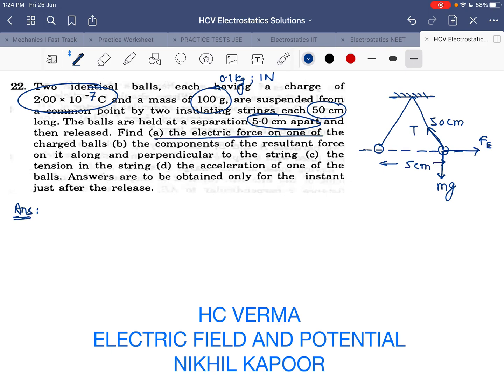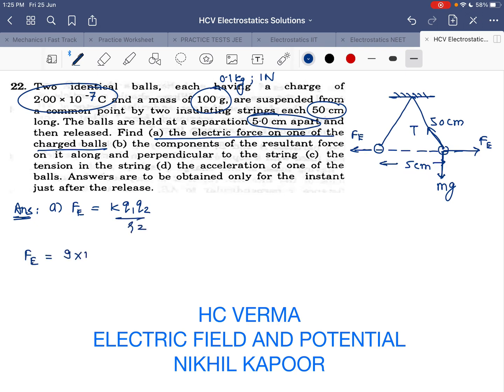First of all, in the A part, we need to find the electric force of one ball on the other ball. So with what electric force the balls are repelling each other? So according to Coulomb's law, the force between two charges is given by k q1 into q2 upon r square.